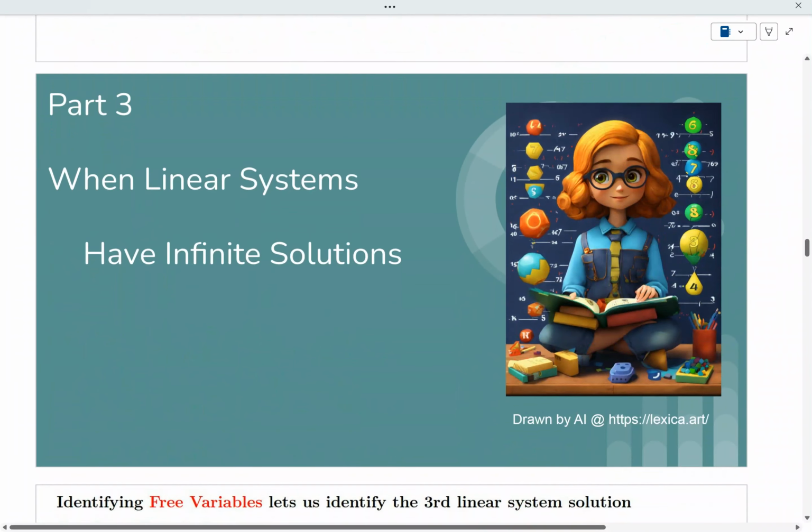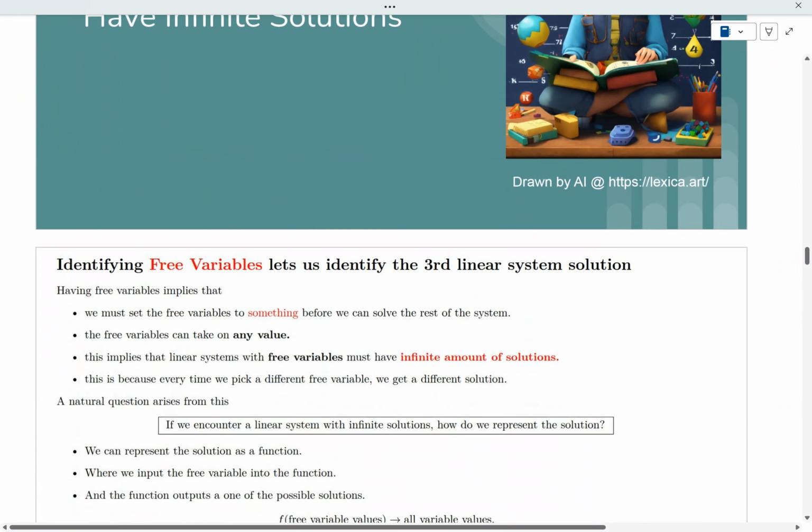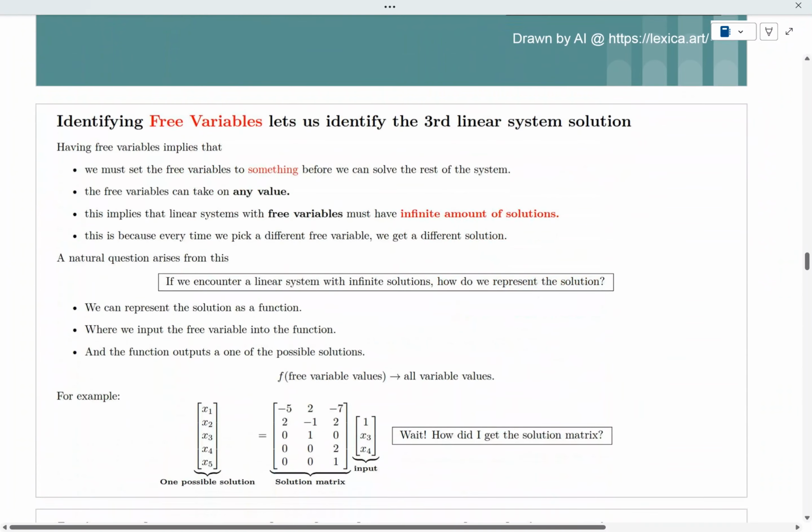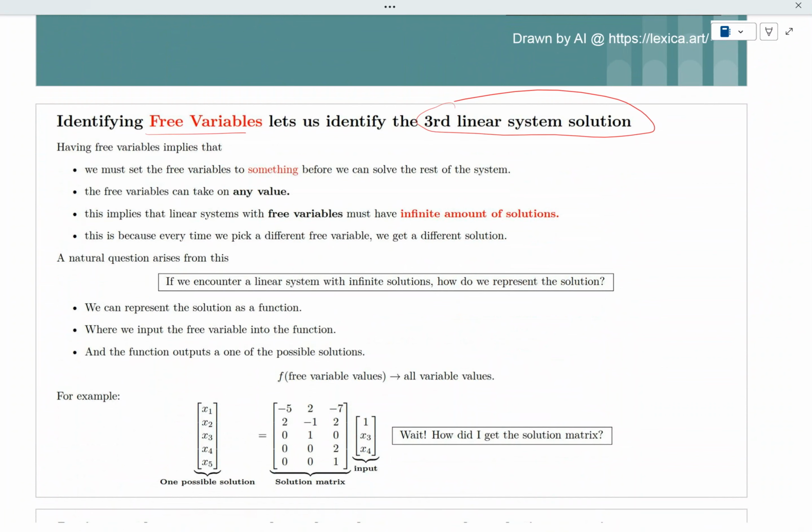All of this leads us to the case where we have infinite solutions. It makes sense, because you can pick any number you want for the free variable, and then you get the solution for the leading variable. So identifying free variables lets us identify the third possible solution type, which is infinite solutions. This is the case of the infinite solution.